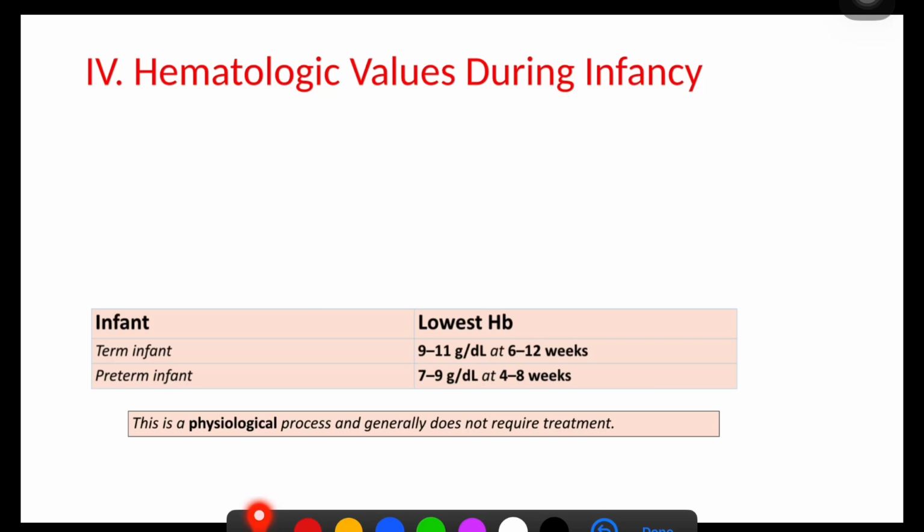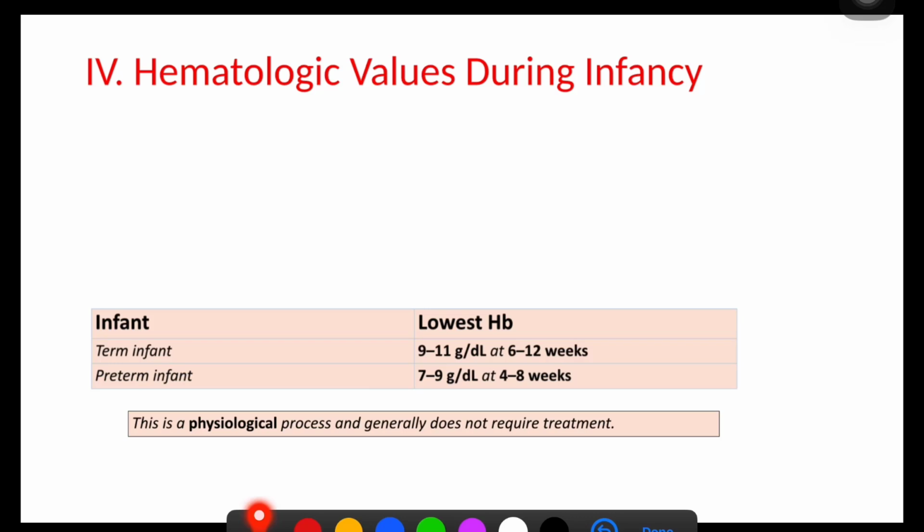Now, during infancy, a term infant will have 9 to 11 gram per deciliter at 6 to 12 weeks, right. So, this is normal. A preterm infant will have 7 to 9 gram per deciliter at 4 to 8 weeks, right?